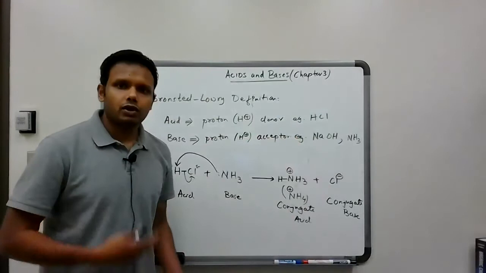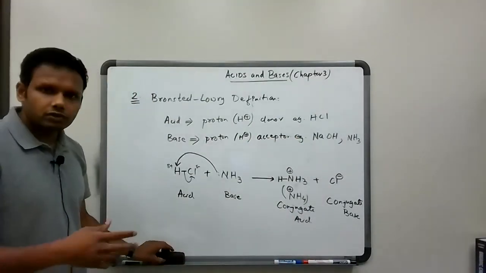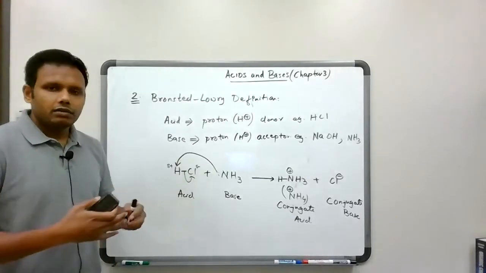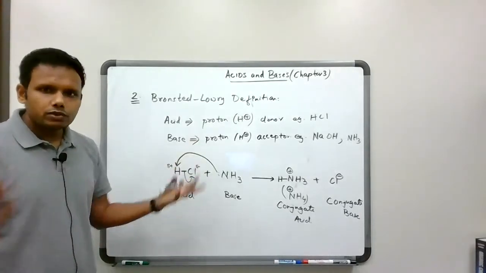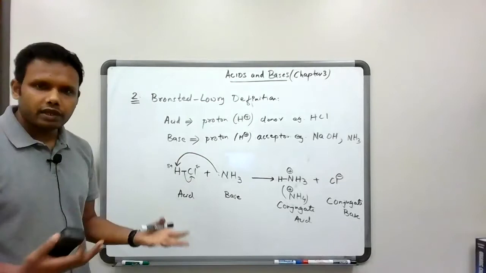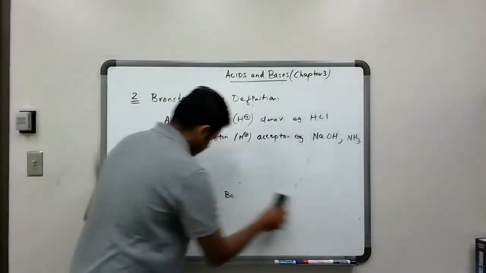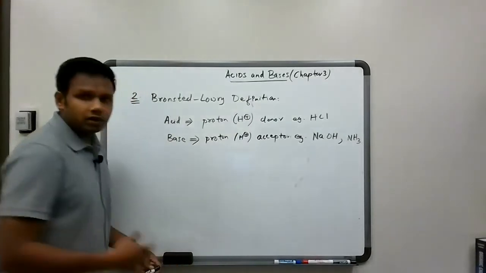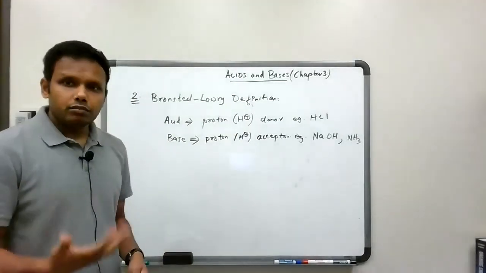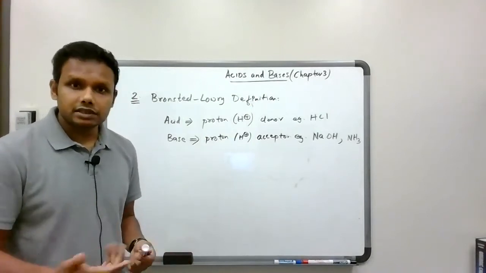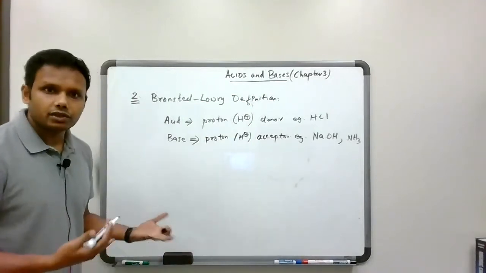Sodium hydroxide is also a Bronsted Lowry base. So the Bronsted Lowry definition, as you can see, is more expansive, and includes a lot more chemical entities as acids and bases. Now, it is possible that a molecule would act as an acid as well as a base, the same molecule, depending on the situation.